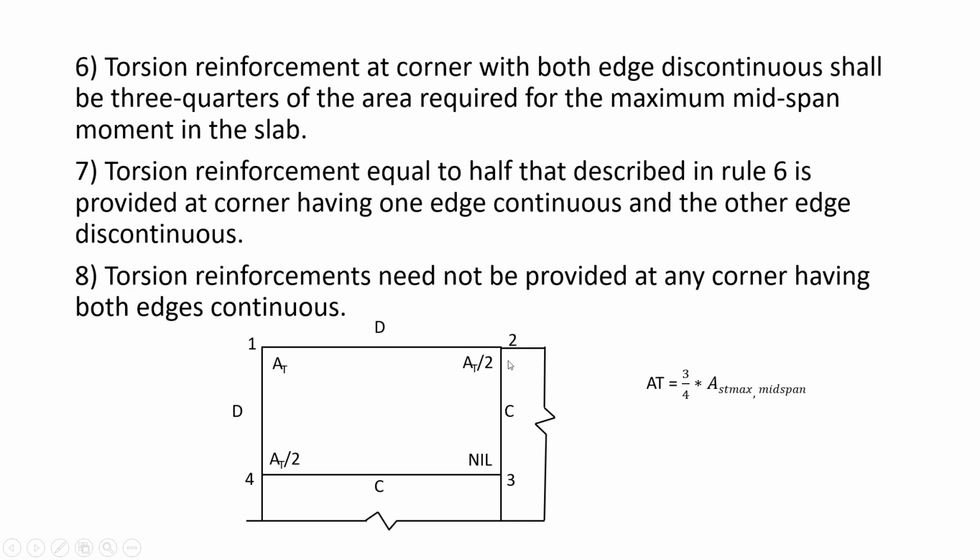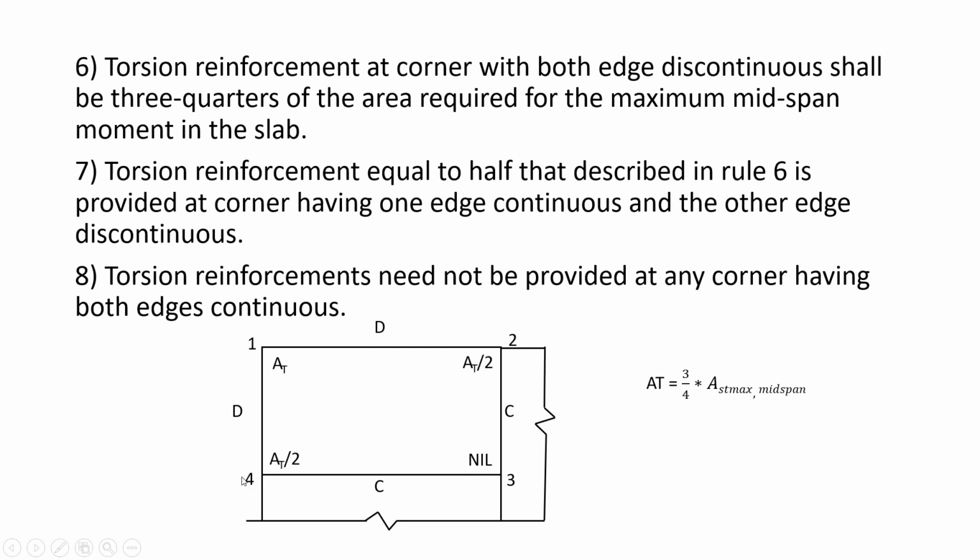At corner 2, one edge is discontinuous while the other edge is continuous. So in this case, the code says that we will provide half of the reinforcement that is provided at corner 1. At corner 1 we have provided 75%, so here at corner 2 we will provide half of the 75%, that is half of 750 mm square.